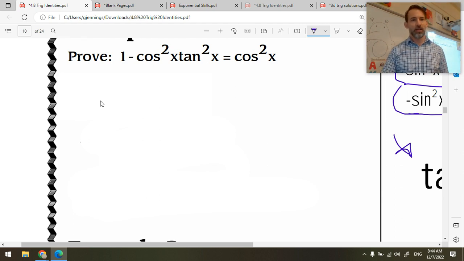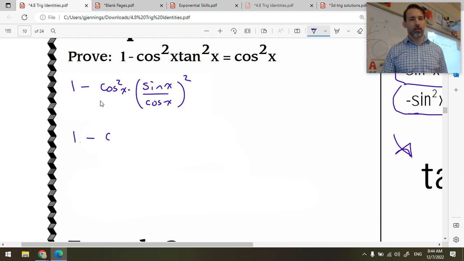Okay, 1 minus cosine squared x times tangent squared x. Let's write tangent as sine x over cosine x. But it's tangent squared, so we have to make sure we still square that. Okay? 1 minus cosine squared x multiplied by sine squared x over cosine squared x.